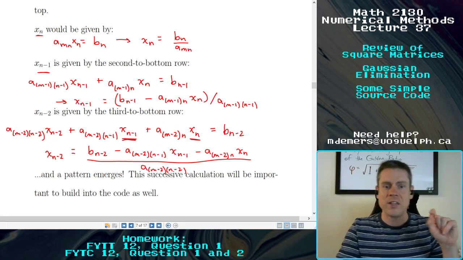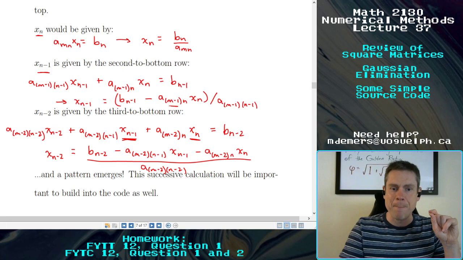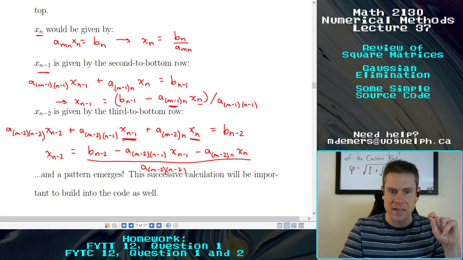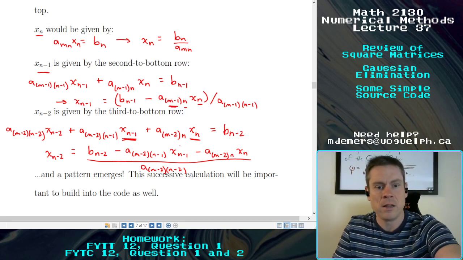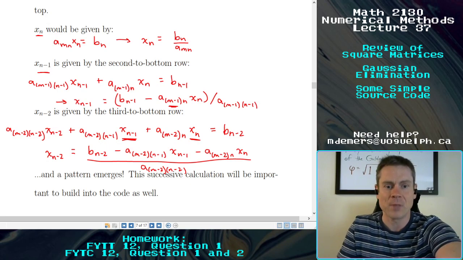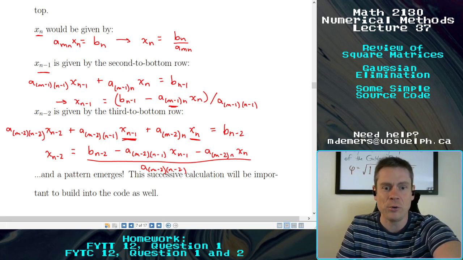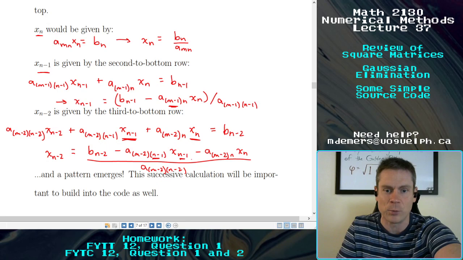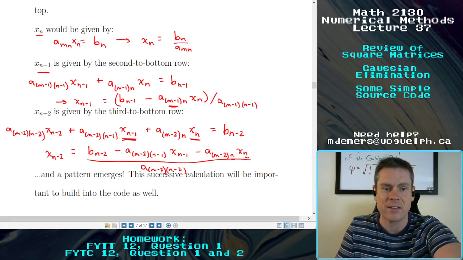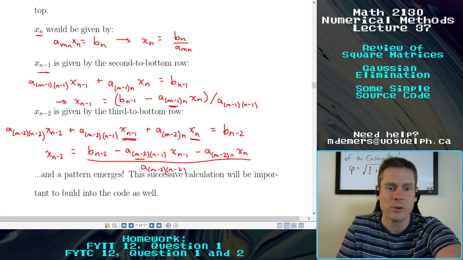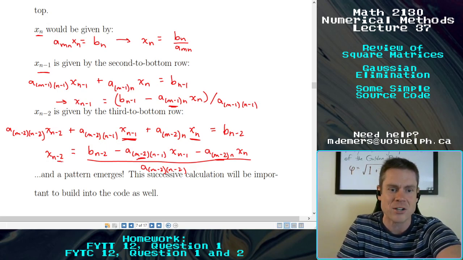Look, we have a(m-1),n times xn. In the next step, we have a(m-2),(n-1) going with xn minus 1, and a(m-2),n times xn. The m minus 2 goes with the n minus 2 that happens right there. So this minus 2 is going to match that minus 2.